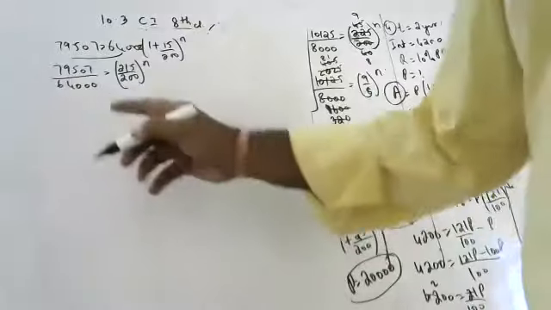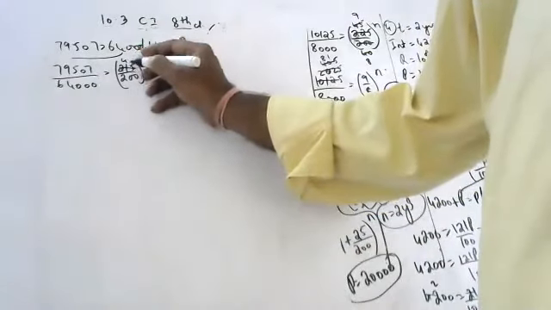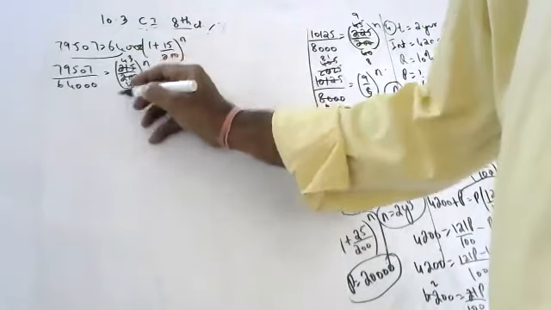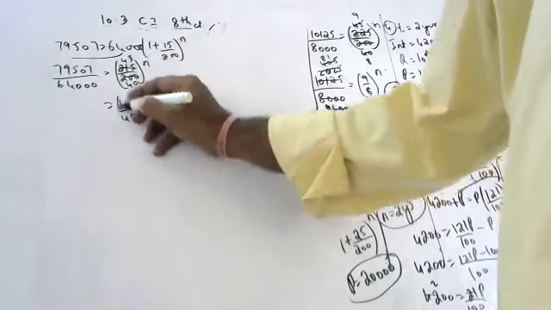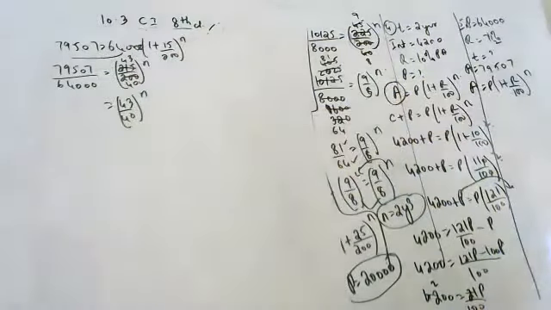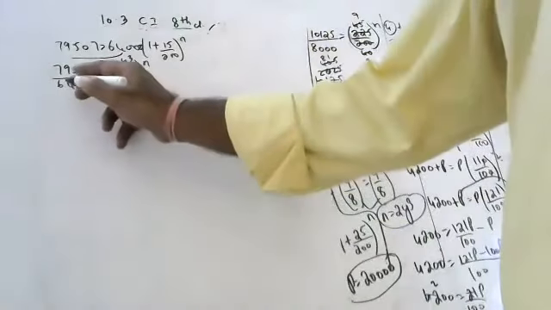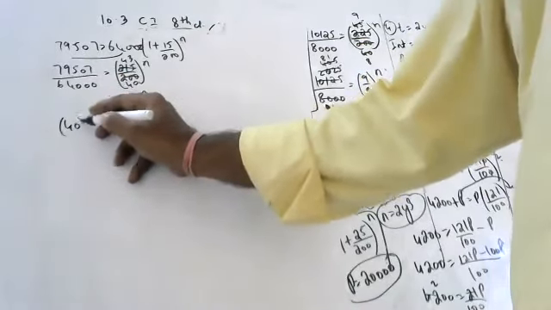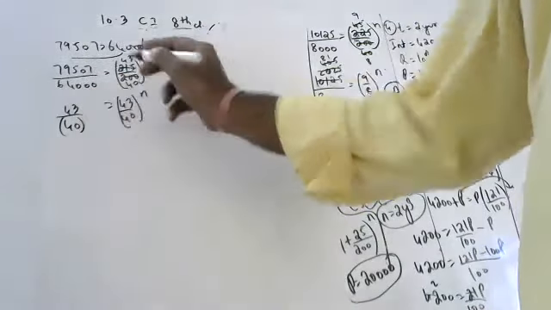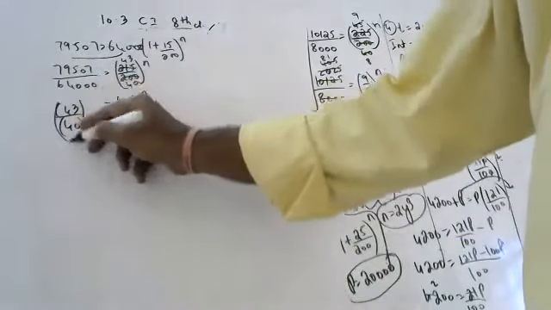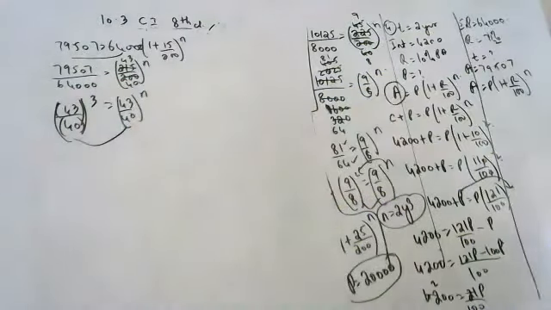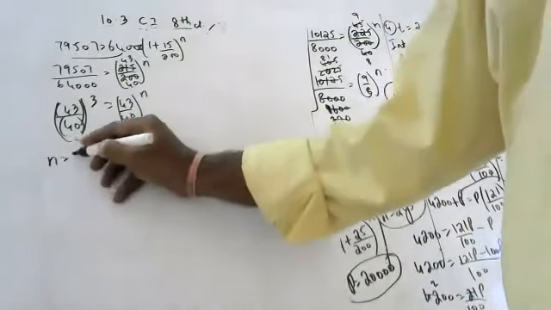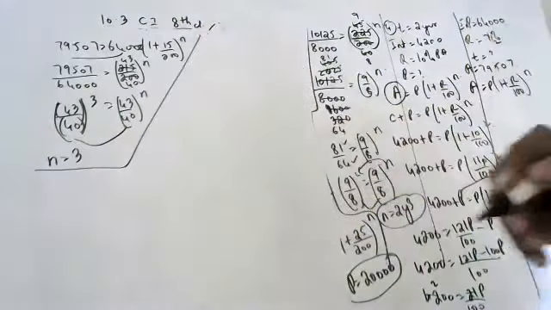Now 215 by 200 simplifies to 43 by 40. Can you simplify? It will go in which table? 40 cube is 64,000 and 43 cube is 79,507. So this is the whole cube. When the bases are the same, powers can be compared. So n is equal to 3 years. After 3 years, the sum will become that.